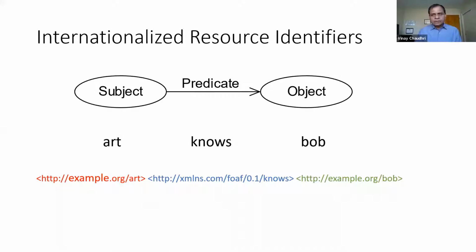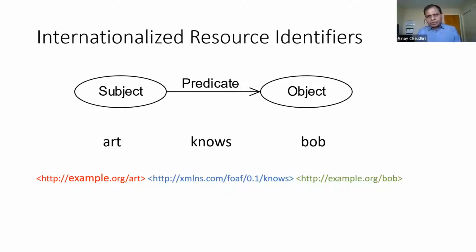Now, if we wanted to represent a very simple Art knows Bob example using RDF, we won't use just the names Art and Bob. We would use URIs corresponding to them. So for each object, we would have a URI. And in the next lecture, I will be talking about how we go about constructing these URIs. But here I'm just giving you example URIs. So for example, here Art has a URI corresponding to him, which is http://example.org art.